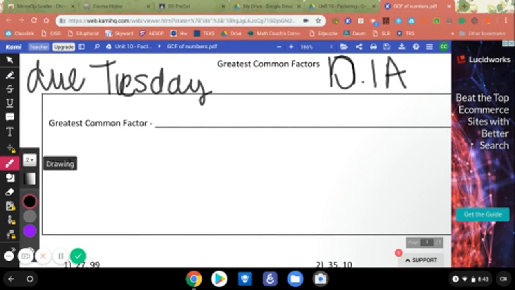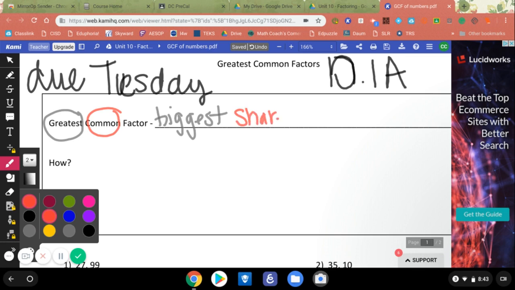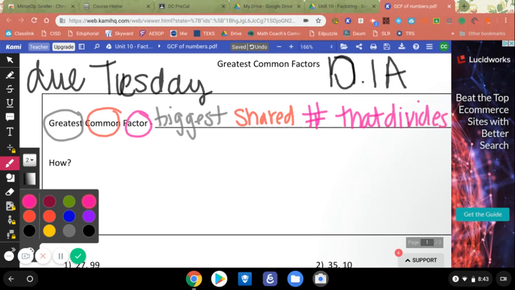So just kind of looking at the words, the word greatest means the biggest. Common is the word shared. And then a factor is a number that divides evenly, which means when I divide it, I don't get any decimals.